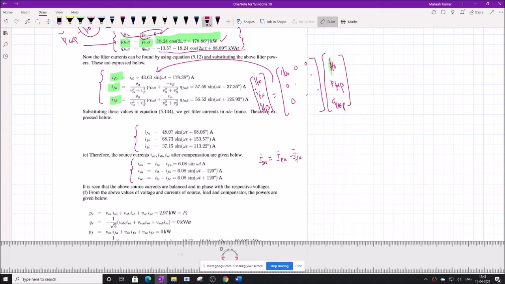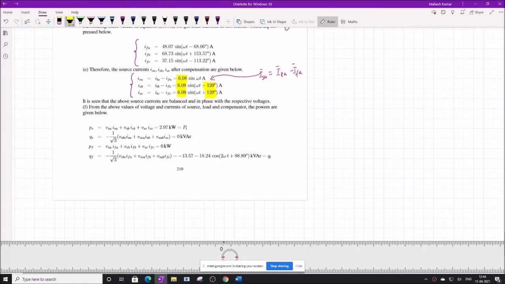Actually, all these computations are done on a phasor basis because there is only one frequency involved, and then you convert back into the time domain. So these are ISA, ISB, ISC. You see that their amplitudes are the same and their phase displacement is minus 120 and plus 120. So after compensation, we get balanced and sinusoidal currents in phase with the respective voltages.